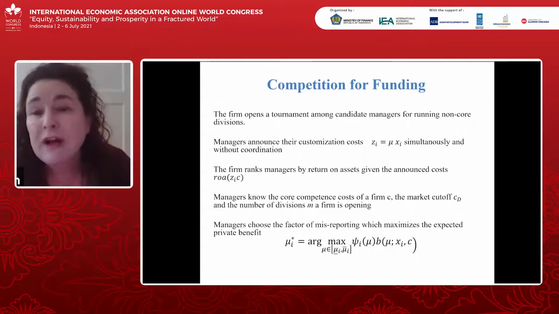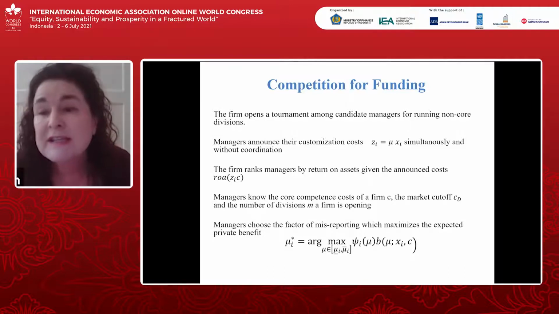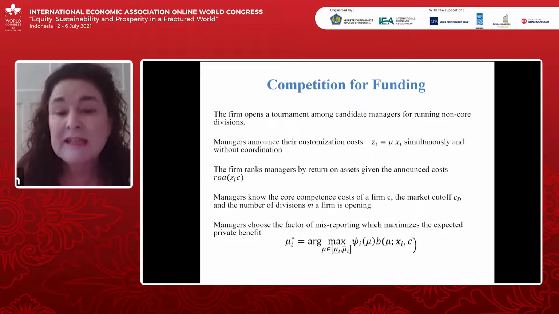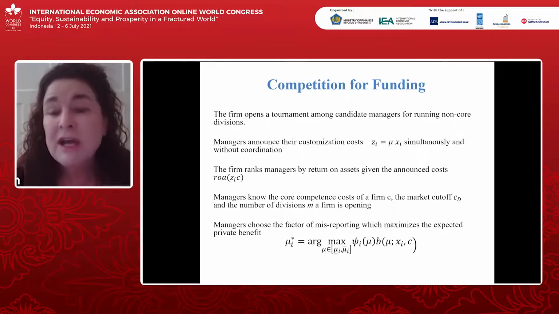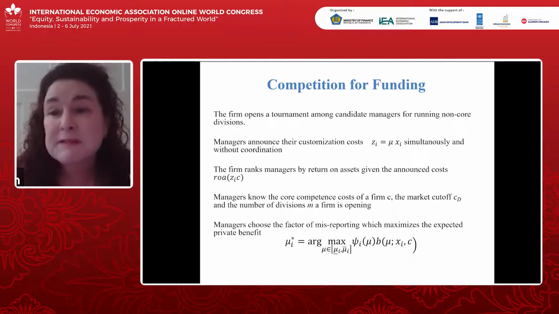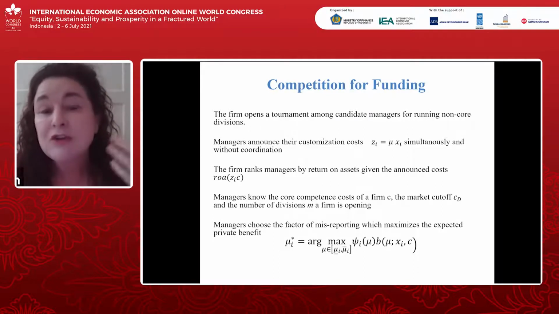But if he over-reports too much, he's in competition with other managers for funding, and he runs the risk of not getting funded. He knows the distribution of the costs of his competitive managers. So he cannot over-report too much, otherwise he's not getting any funding.